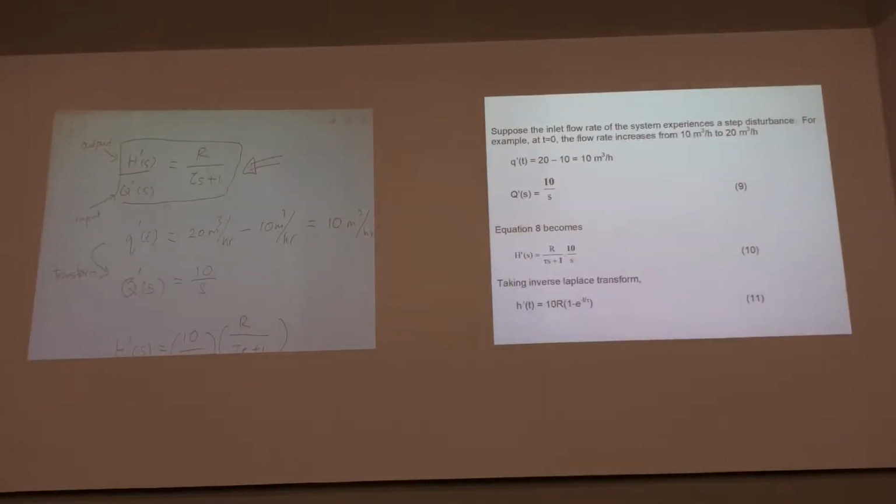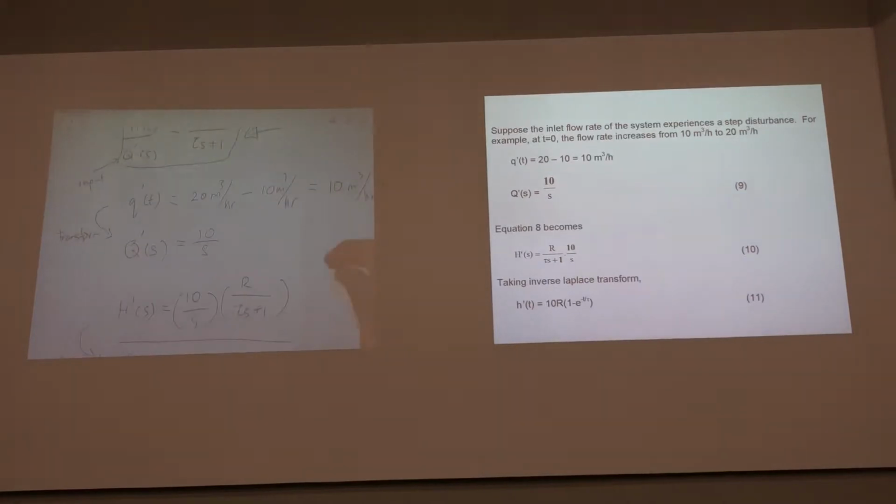If I tell you this is a first order transfer function, you can always know that output divided by input equals this. So I only need to tell you what the input disturbance changes from and to, you calculate your Q, and you know R and tau is given, then you can calculate the final relationship between H and the time. Okay? So far? Right. Let's move on.